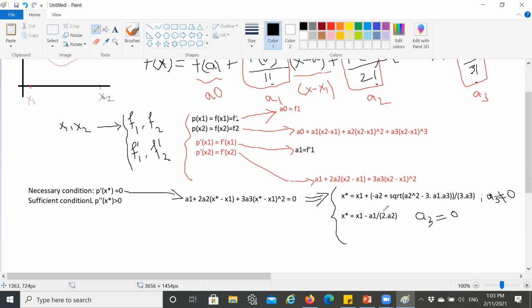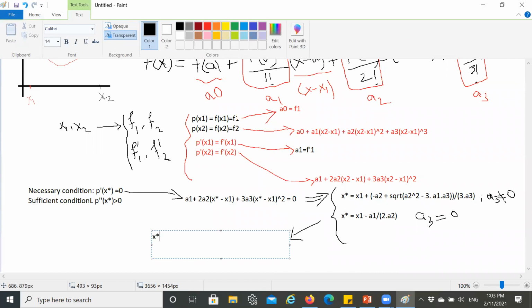So basically, to merge these two solutions into one, what we can do is multiply and divide the first solution by this term, which is a square root term. Instead of minus, you put the plus term, okay? So you multiply, divide by that. So these two equations can basically be written in one form. X star is equal to, let me see. I don't want to make a mistake.